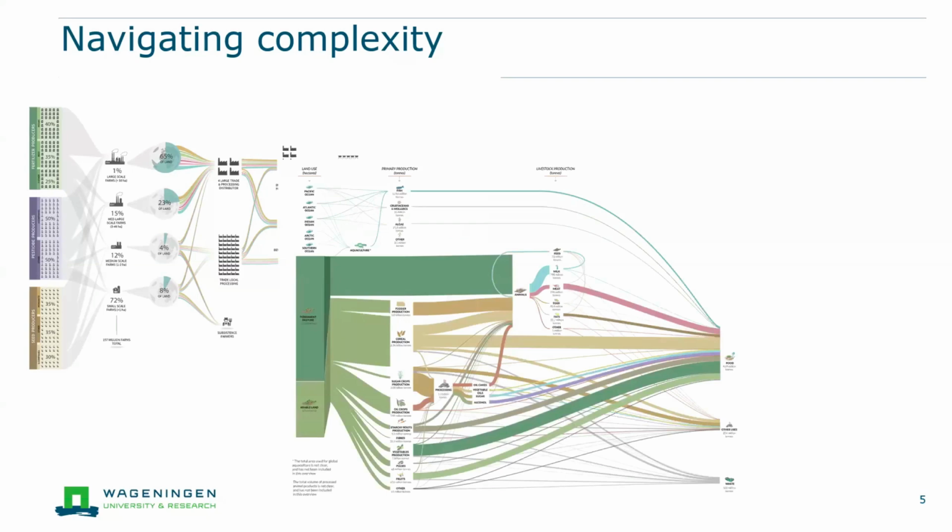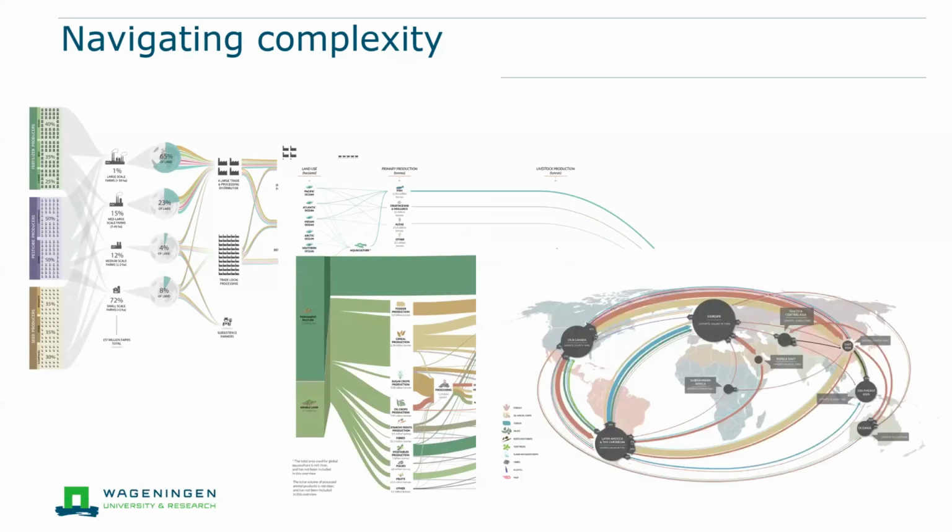We can think about the flow of different materials and food products and how they are processed into the food that ends up on our plate. And we can think about all the transport and the logistics that happens with it.